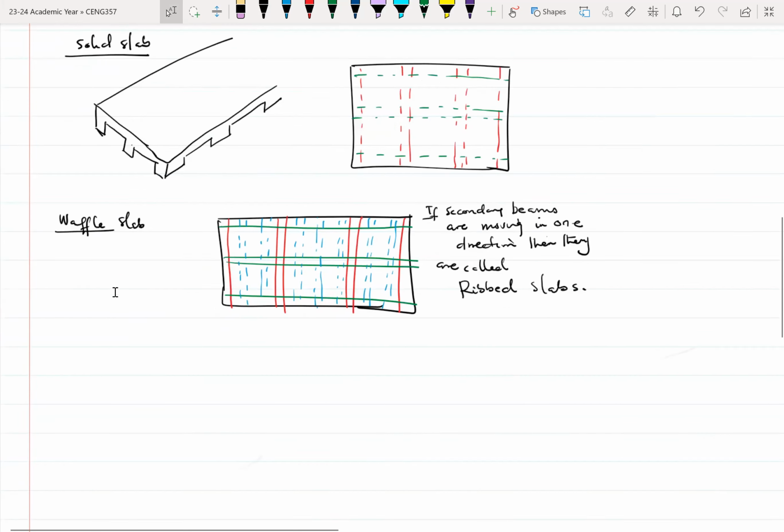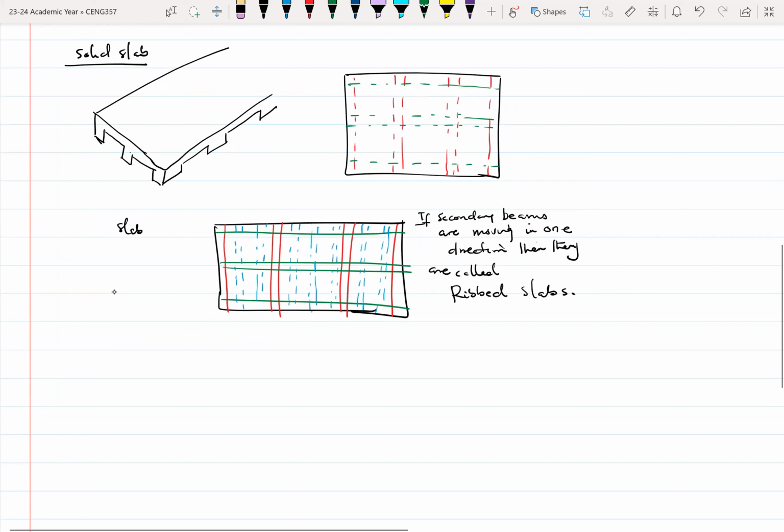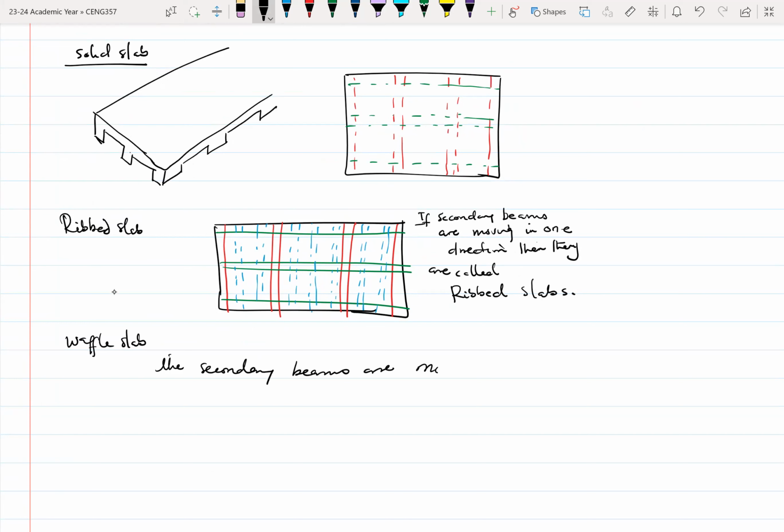Let me make this one the ribbed slab so that I can use that option to explain the waffle. With the waffle slab, the secondary beams are moving in two directions, or bi-directional.